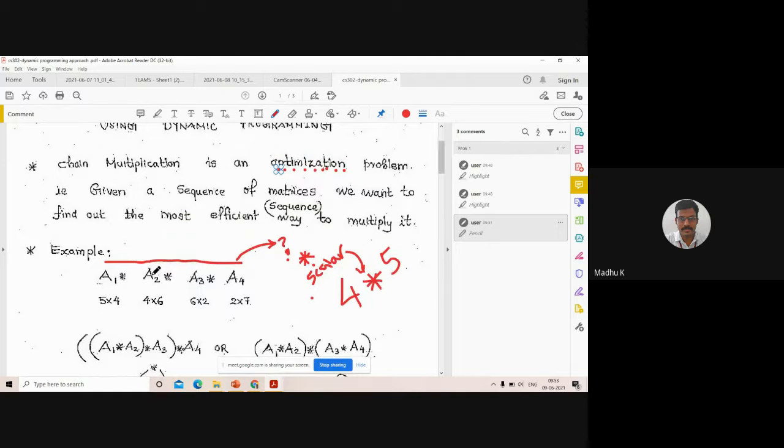There are a lot of matrices, for example, A1, A2, A3, A4, with some order. We want to multiply these matrices in some sequence with the minimum number of scalar multiplication operations. That is the chain multiplication problem.